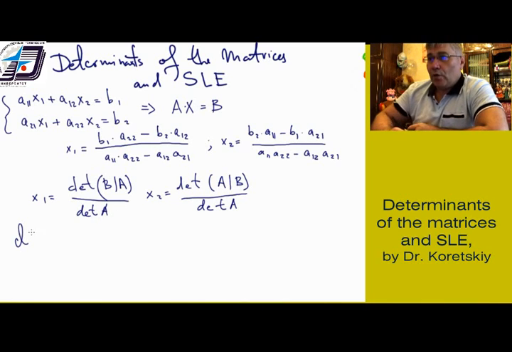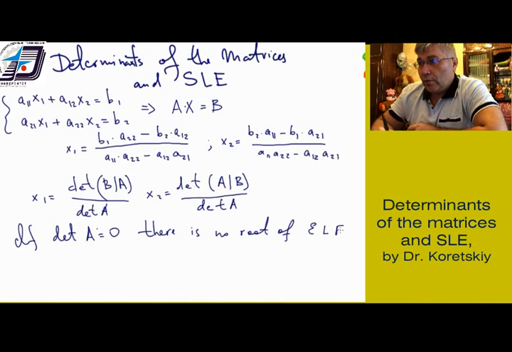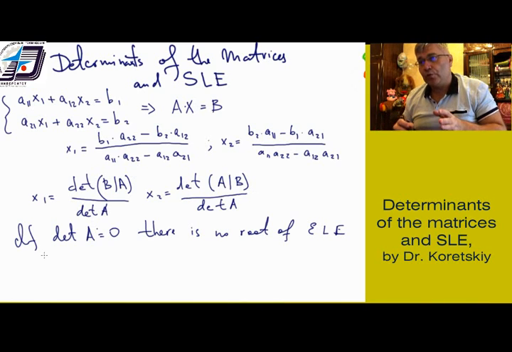By the way, we find that if determinant A equals 0, there is no root of the system of linear equations. And here we can introduce some new terms.